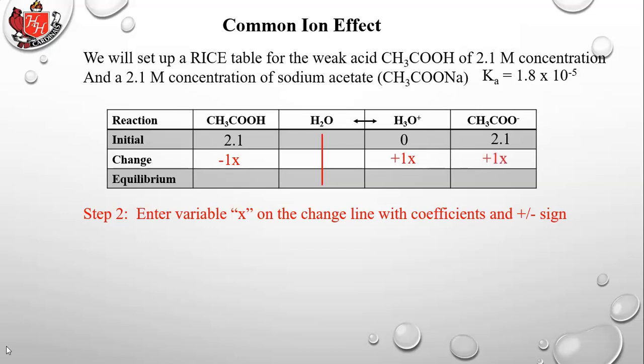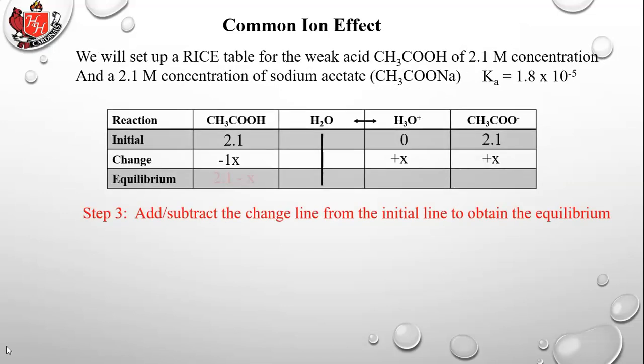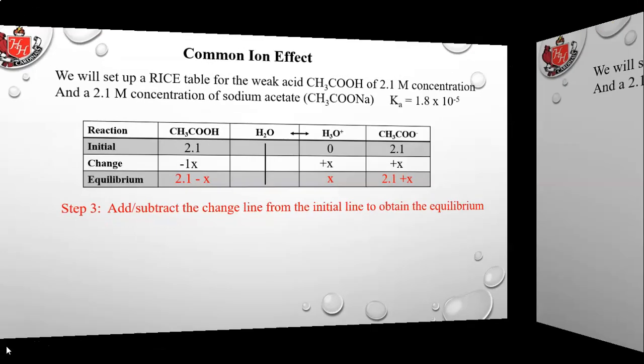Now we subtract on the left side, so we get 2.1 minus 1x, or we'll just call it x now. For the H3O+ concentration, it's 0 plus x, which is x. And for the acetate ion over on the right, it's 2.1 plus x.